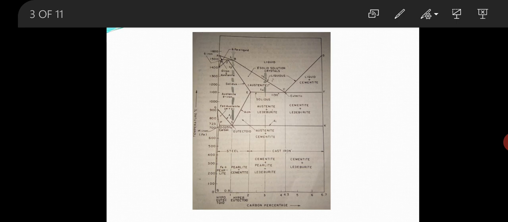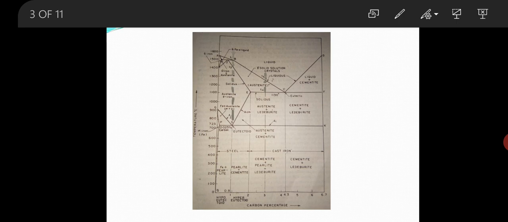Below this J, delta iron plus austenite is present. So you have to remember certain temperatures and percentages to draw these points.